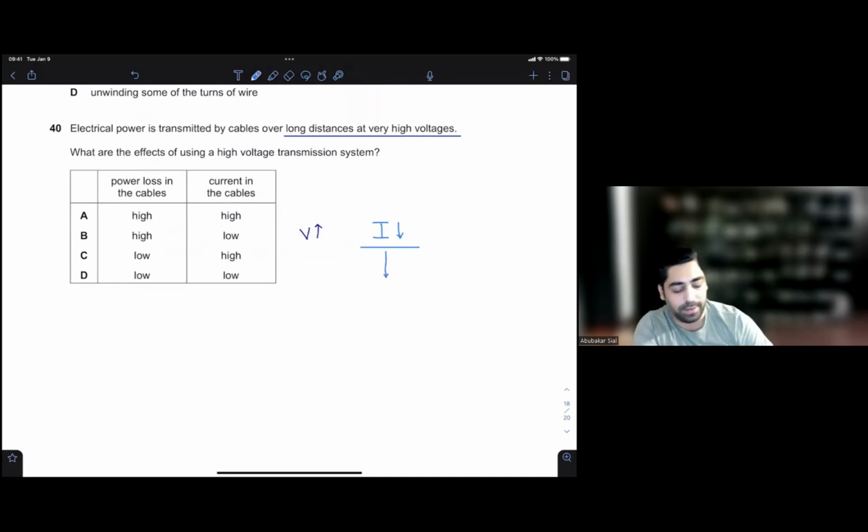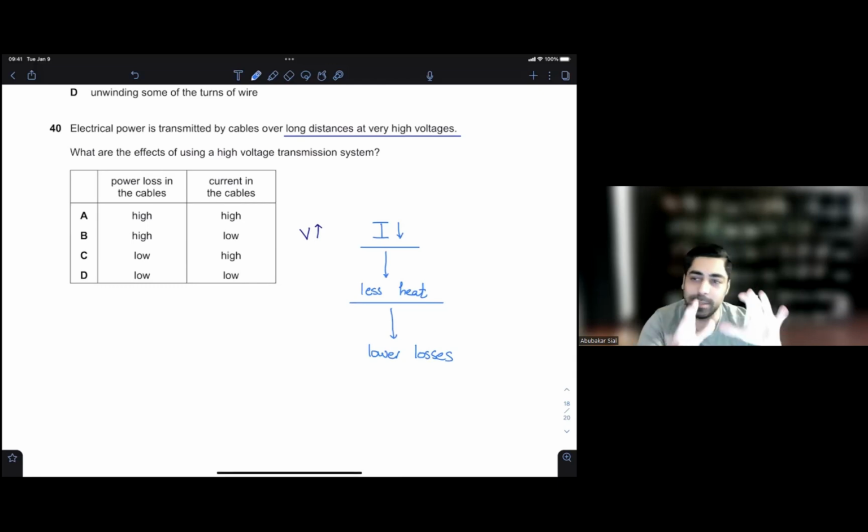Well, you're going to have less heat produced. If you have less heat produced, what's the benefit? You'll have lower losses. So you're losing less energy as thermal energy. And that's why we do it. So the power loss at high voltages is going to be low. The current is also going to be low. And in fact, the power loss is low because the current is low.